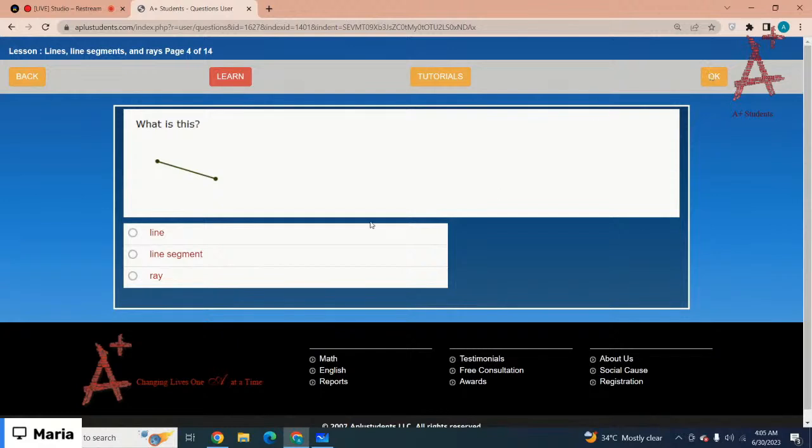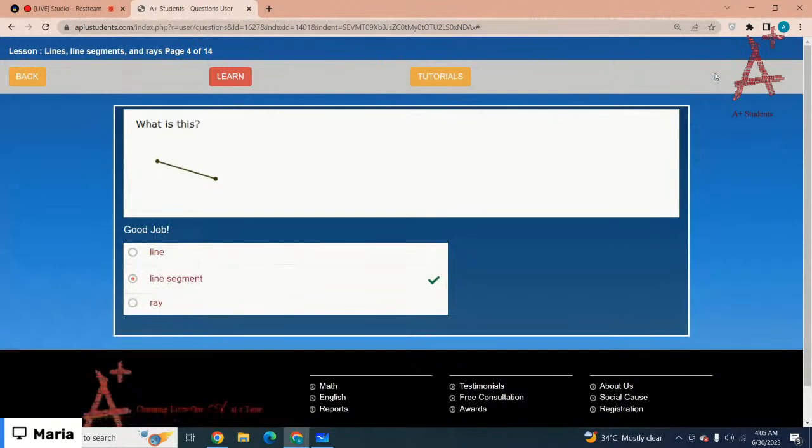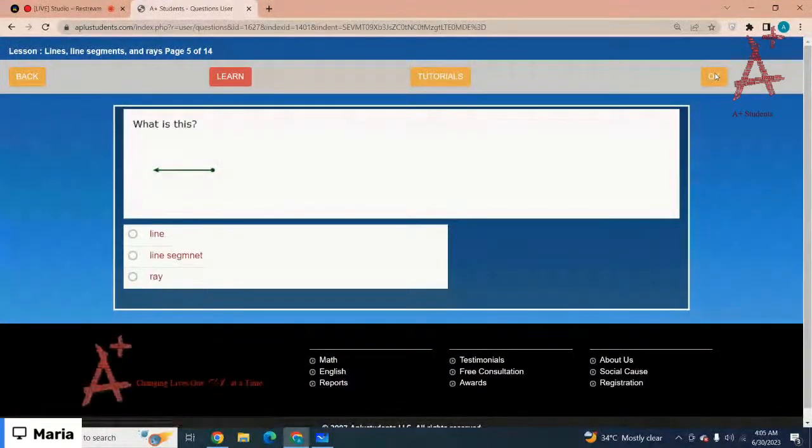This is a line segment. What is this? It has just one endpoint, so it is a ray.